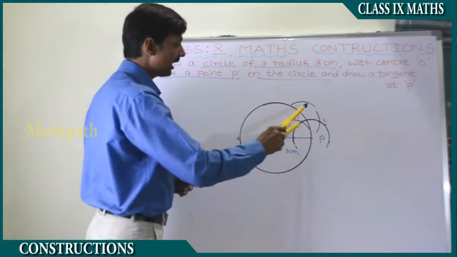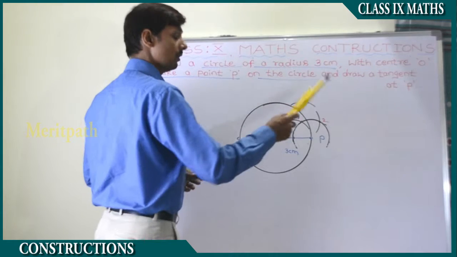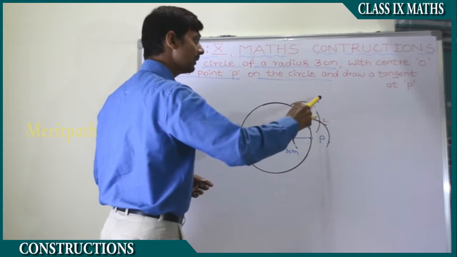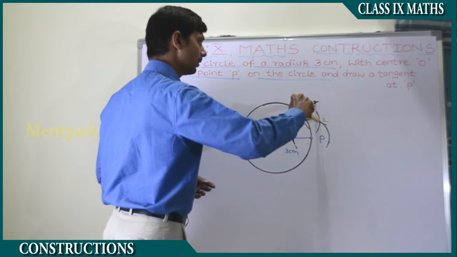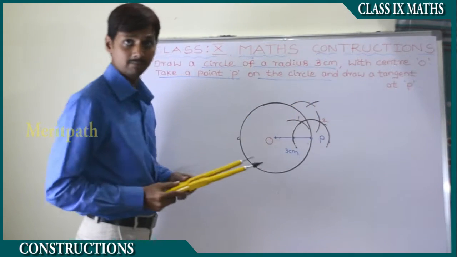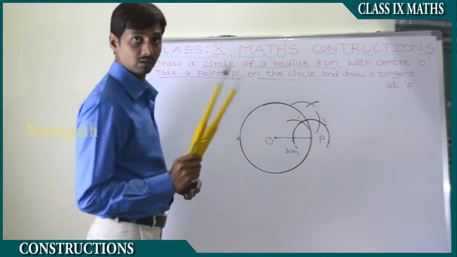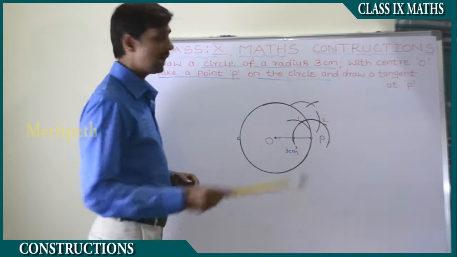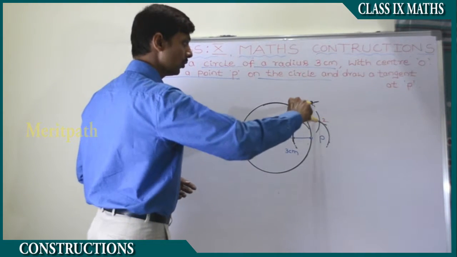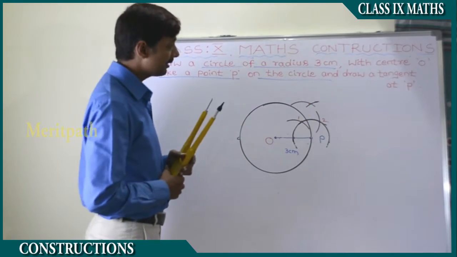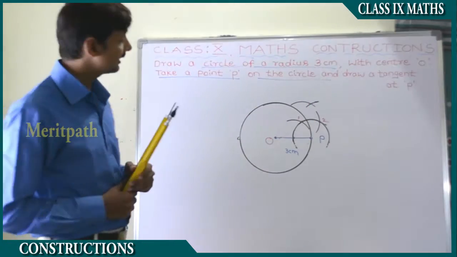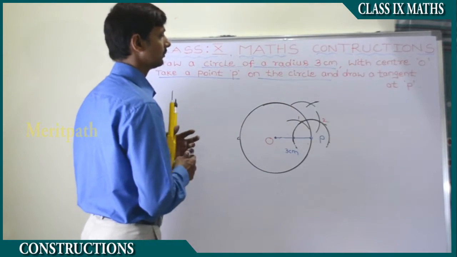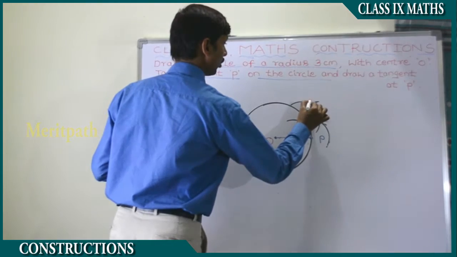Now take point 2 and using the same radius draw an arc on it, and it's intersecting. Let's recall, using point 1 we have drawn the arc, and we have taken the point 2, drawn an arc, and then we can observe that the 2 arcs are intersecting and we got a point. Let's take the point 3. This is a point 3.